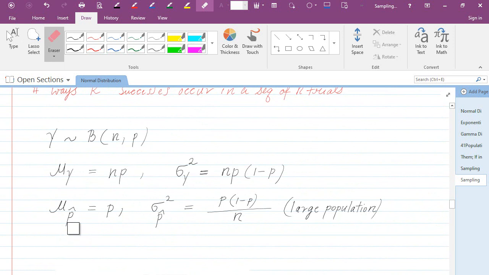Again, remember, the sample proportion changes from sample to sample. So you can think of the sample proportion as a random variable, and it does have a mean, and that mean is given by p.